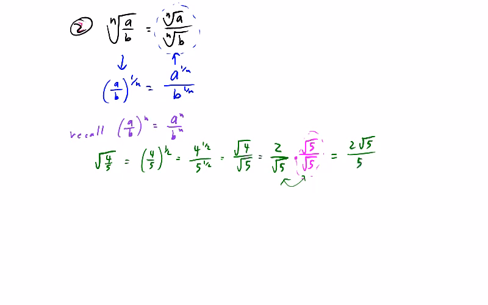Now, why would we want to do this? Once again, this is historical. Now, if we want to know what the square root of 4/5 is, we probably would just put it right into our calculator and get something out to many decimal places. In the old days, we didn't have calculators, and you had to do all of this by long division.